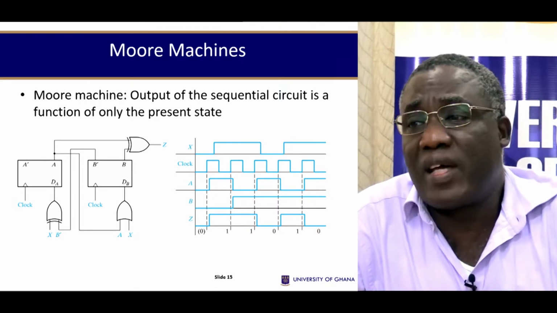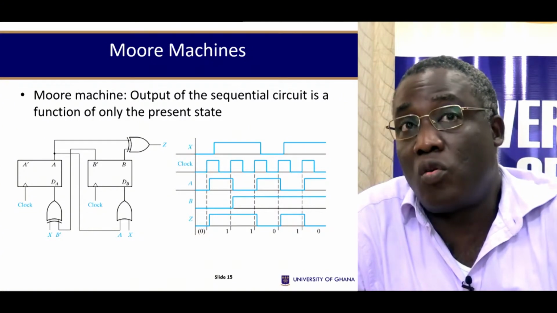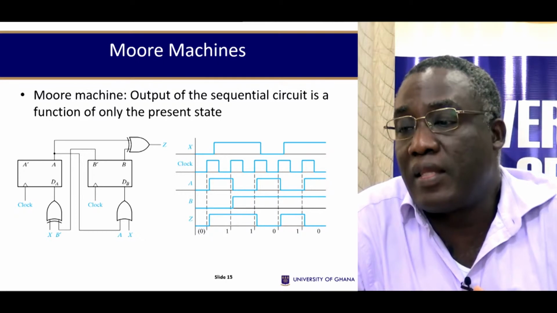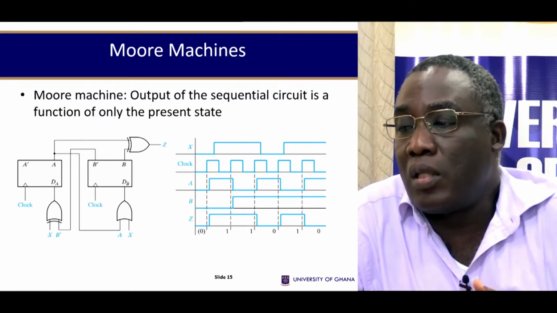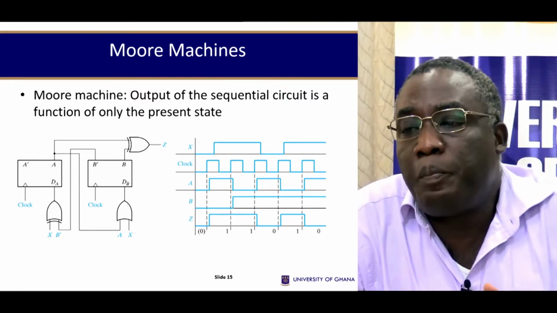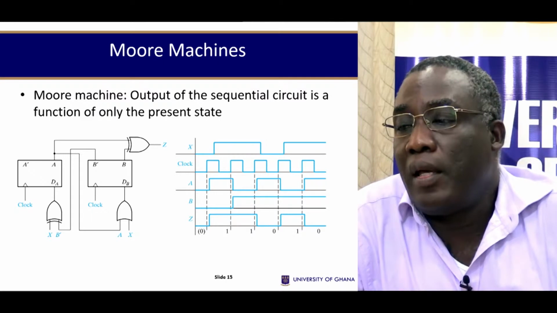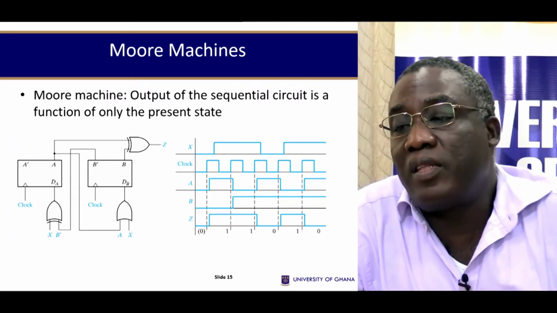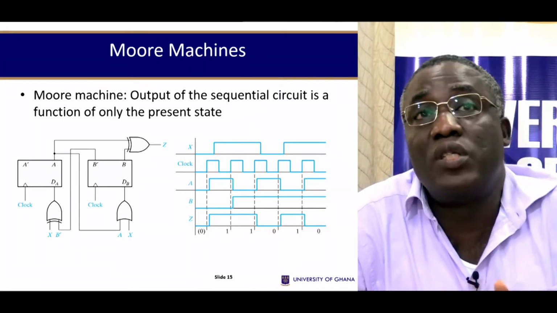There are two types of clocked sequential circuits that you come across, or will consider. These are the Moore and the Mealy types. The Moore type is the one in which the output depends only on the present state, and the Mealy type is the one in which the output depends on both the present state of the flip-flops and the value of the circuit inputs.